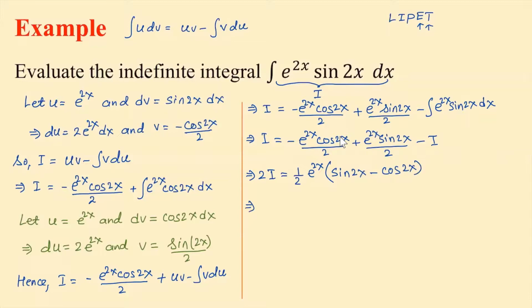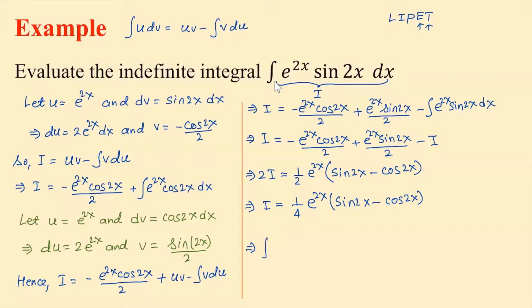I'm not looking for 2I, I'm looking for the value of this integral I. So I'm going to divide on both sides by 2. So if we divide, we get I equal to 1/4 e to the 2x times sine 2x minus cosine 2x. One more step. We know I is this integral.